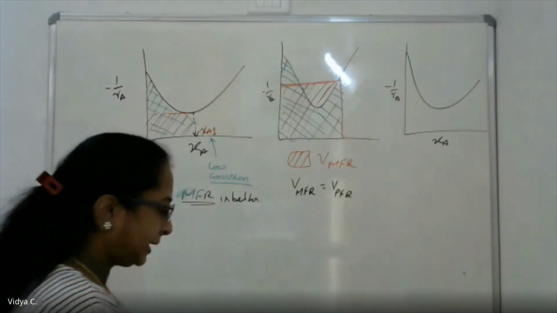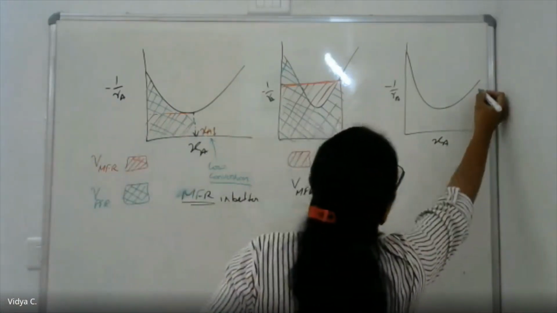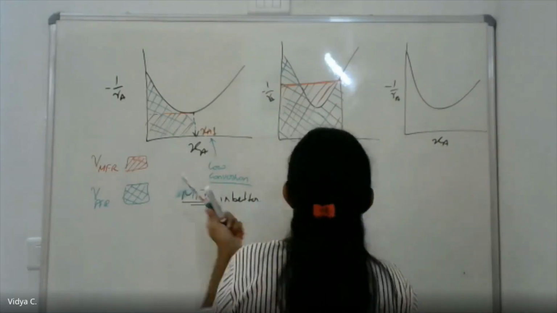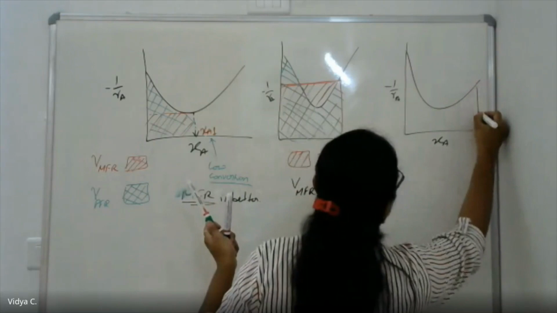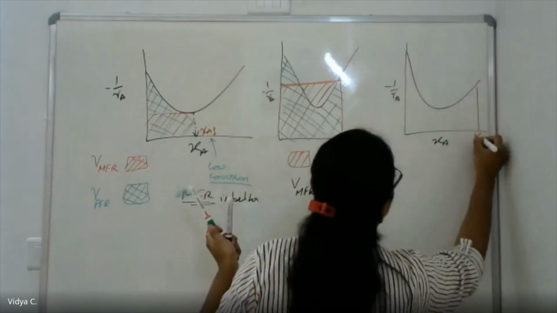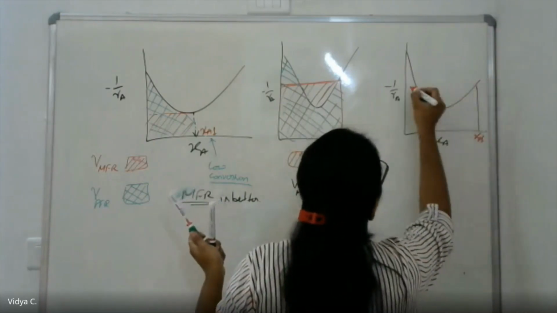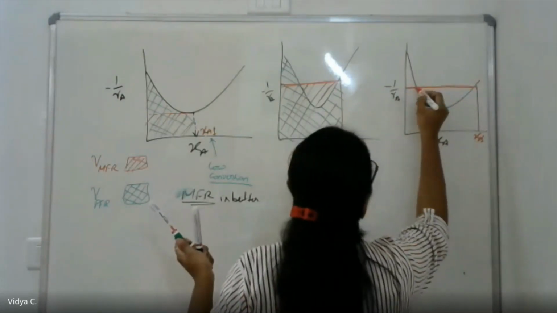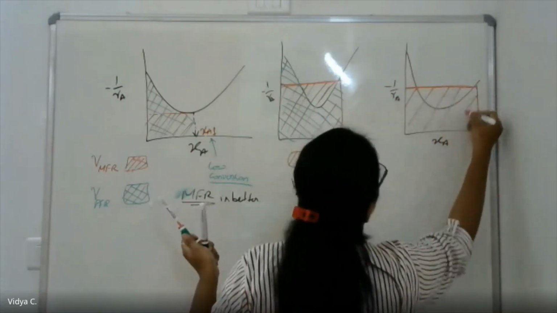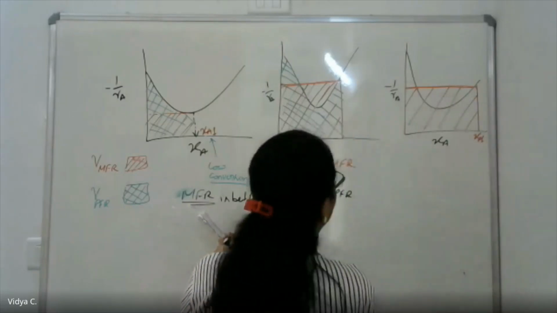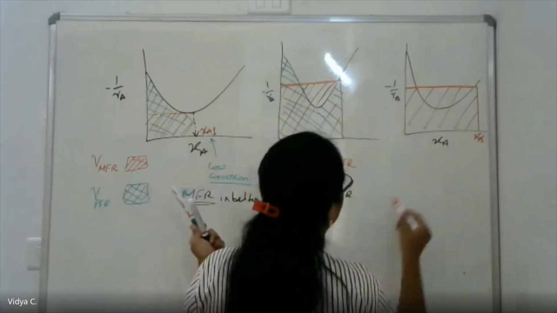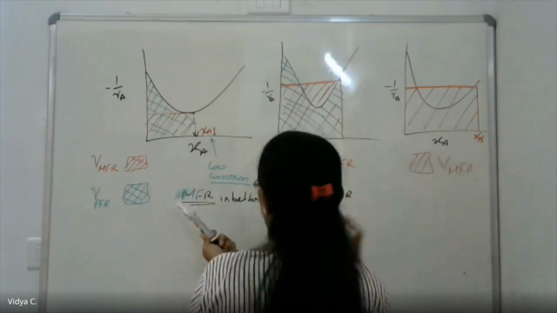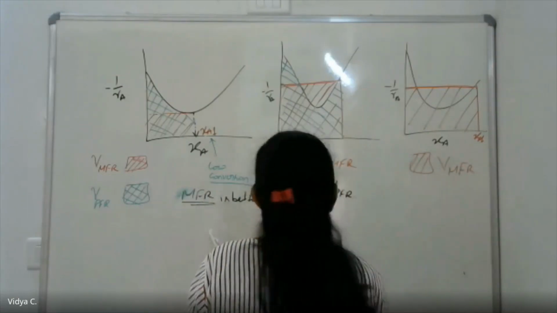Okay. Next, let us go with higher conversion. Suppose higher conversion means almost here, XAF. If this is XAF, what will be the area? This is the area for CSTR. It is almost a big rectangle like this, so I have to take this entire area. This will be the volume of MFR.